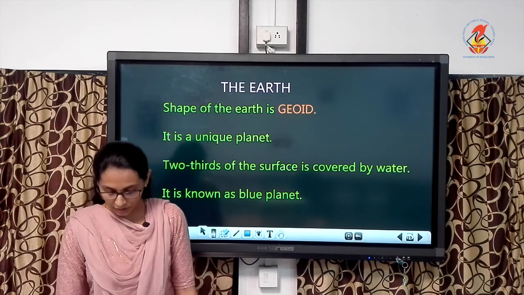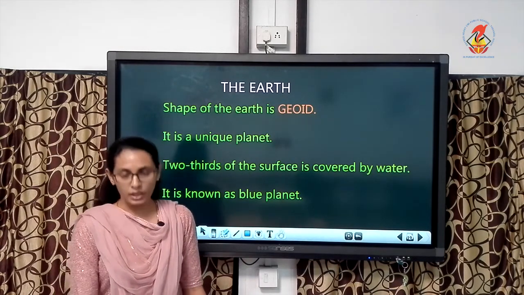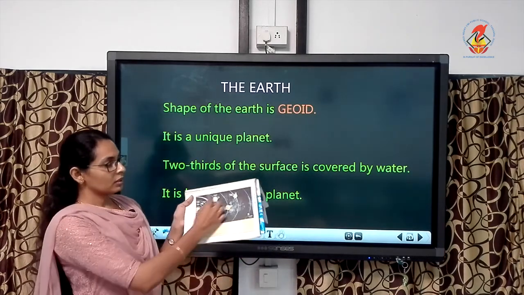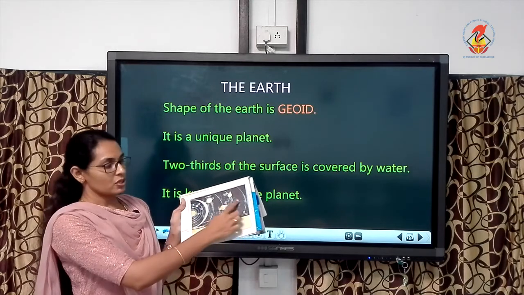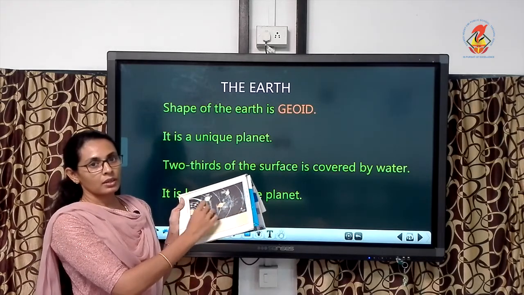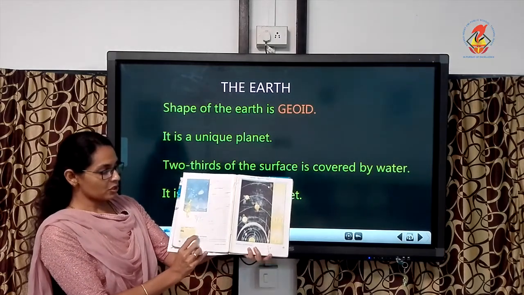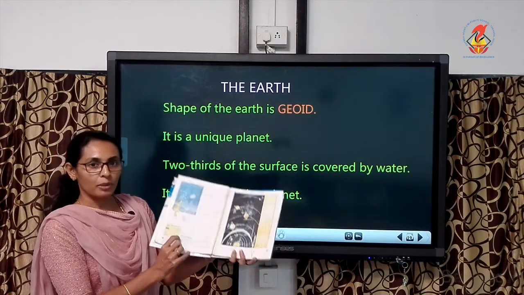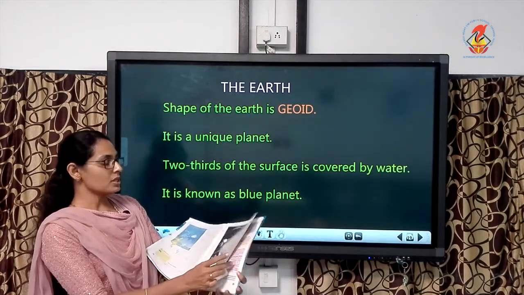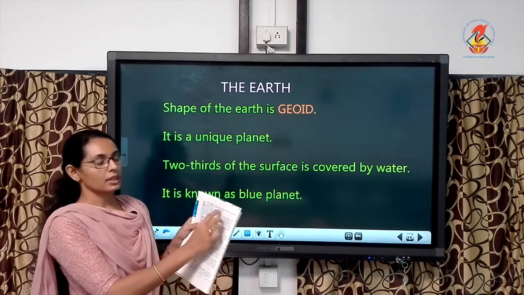Then take page number 3, where the solar family, solar system and orbit are given. Mark the second page under the heading solar system, from the beginning till the full paragraph.